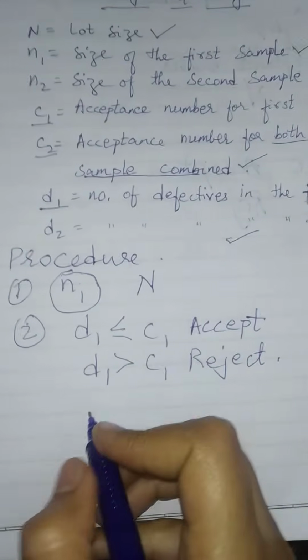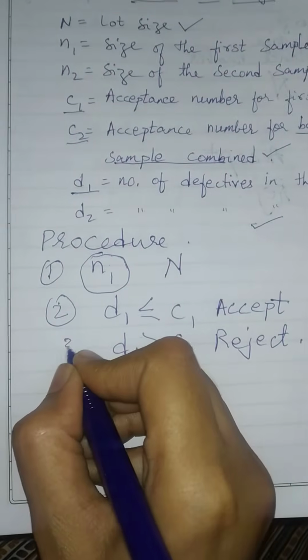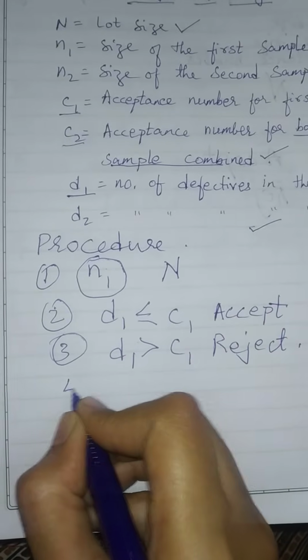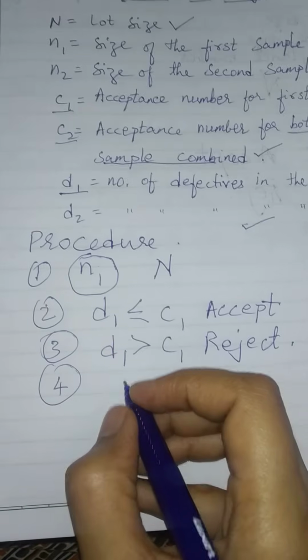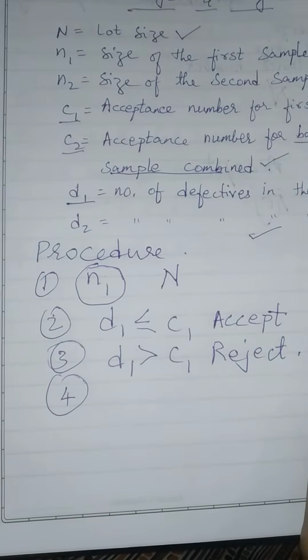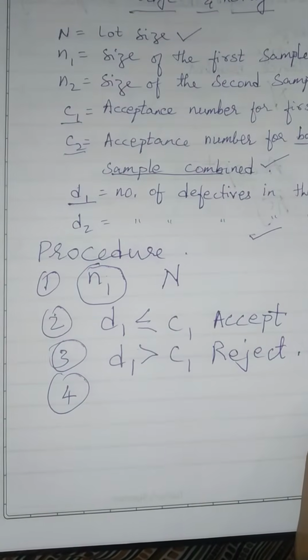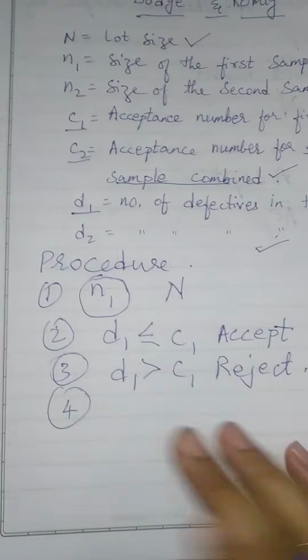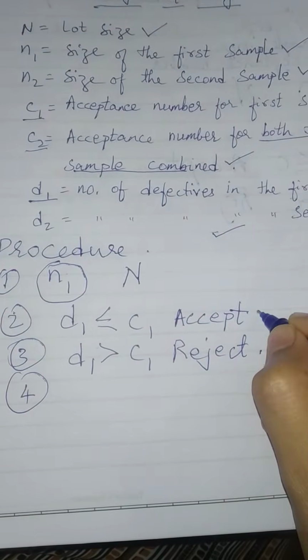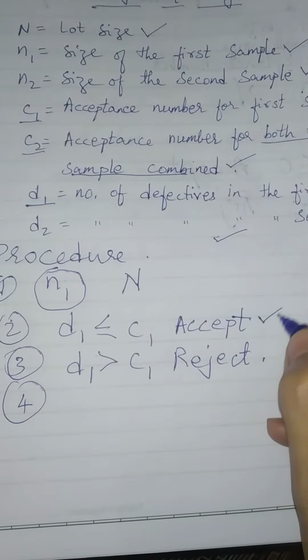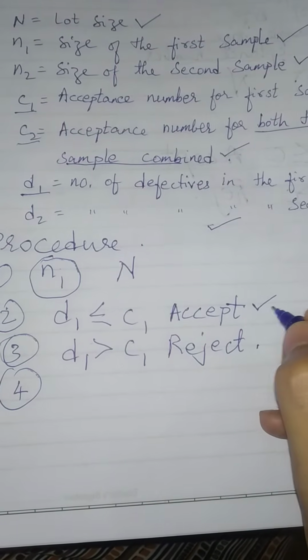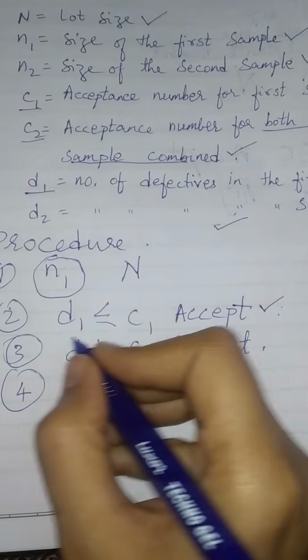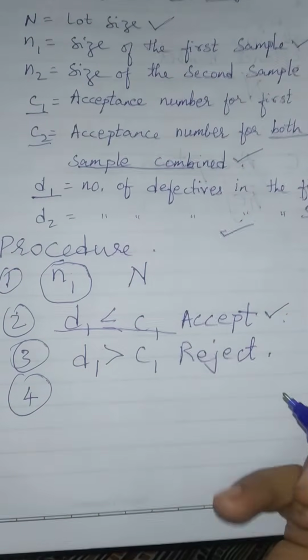And students, the fourth point is that the whole lot is then subjected to 100% inspection and replacement. Suppose you accept the lot, then whatever defectives you find will be replaced, and you will accept that lot.